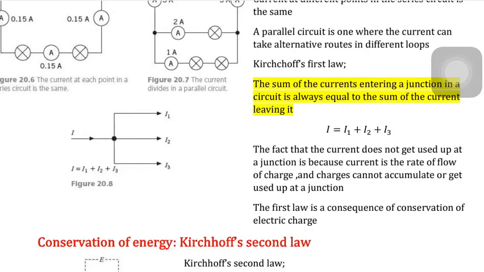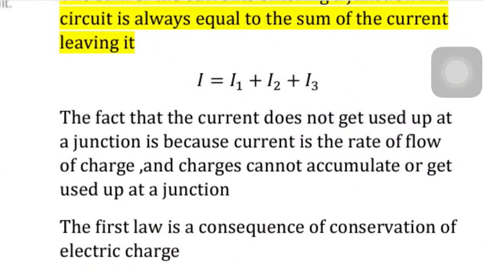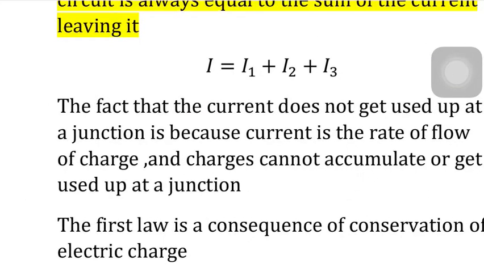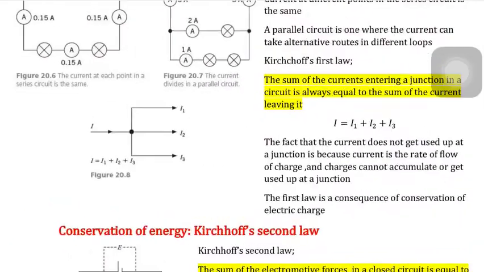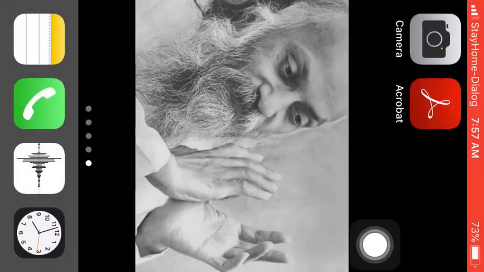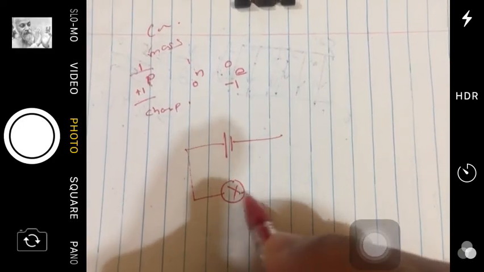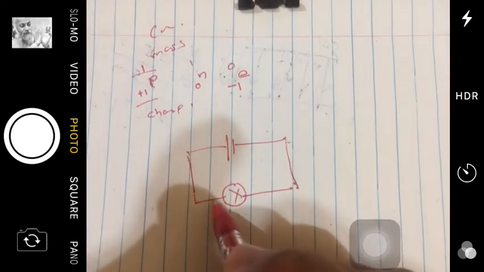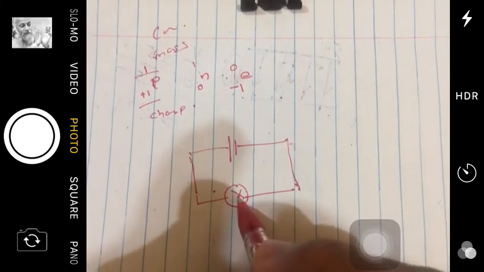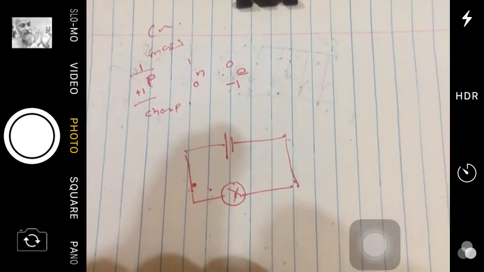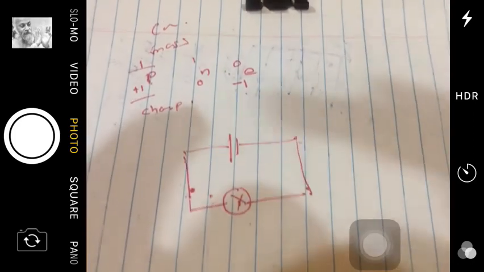So one thing that is beautiful here is that it's not only about charges being used up, but also about charges getting accumulated somewhere. So in a circuit, charges leave the battery, but if they haven't reached the resistor and they are somehow hiding somewhere, then that is accumulation of charges.